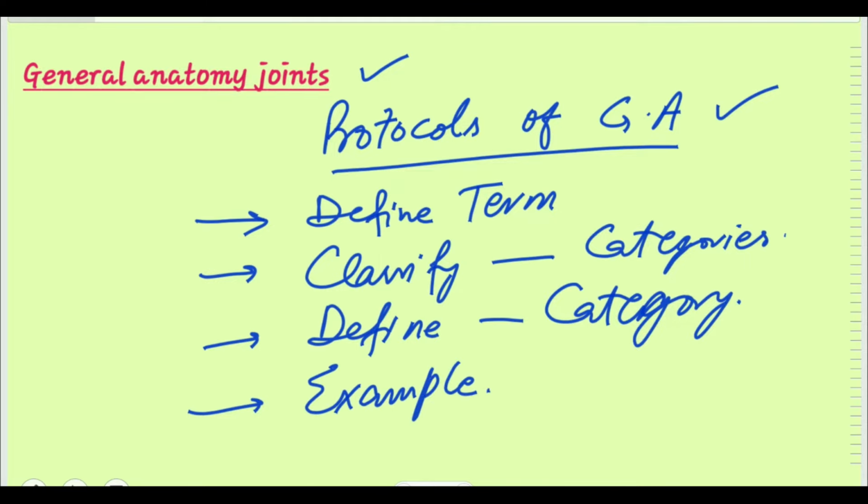So always keep in mind, whenever you are asked a question about general anatomy, you have to focus on defining a term, then classify it into categories, then define each category, and lastly give the example. These are the simple protocols of attempting a general anatomy question.